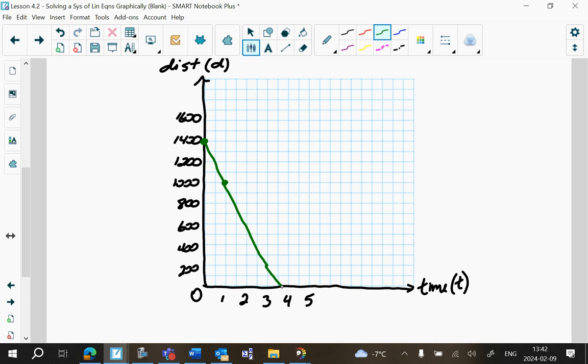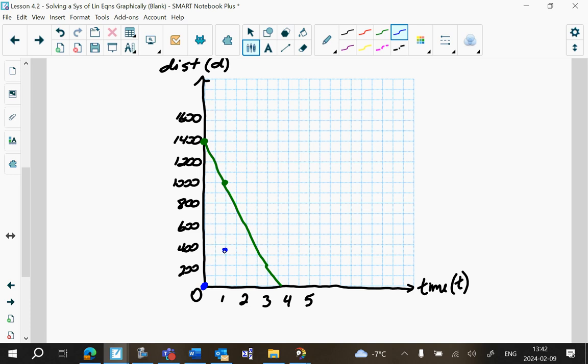How about for the second one? What's the y-intercept? 0. And the slope? Right, so this one's going to be a little tough. So that's 300, 350. It's going to be somewhere about there.